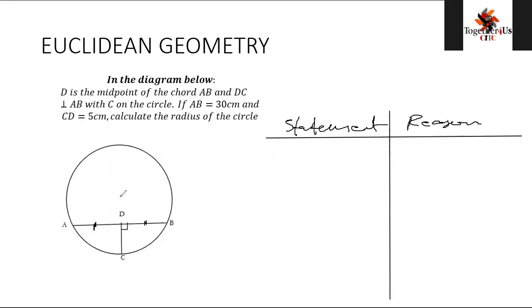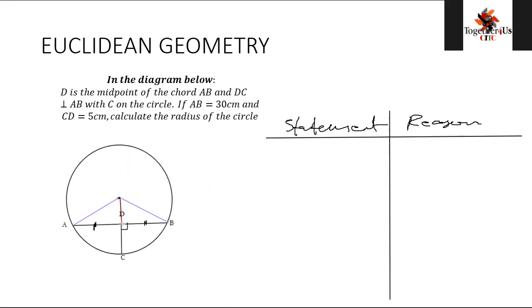So let's just suppose the center is somewhere there. So we just have to do some construction here, and I'm going to use a different color to construct my lines here. All right. So the first line that I'm going to construct is from B to the center. The next one is from A to the center, and I'm using the same color because those lines are both radii, so they are equal.